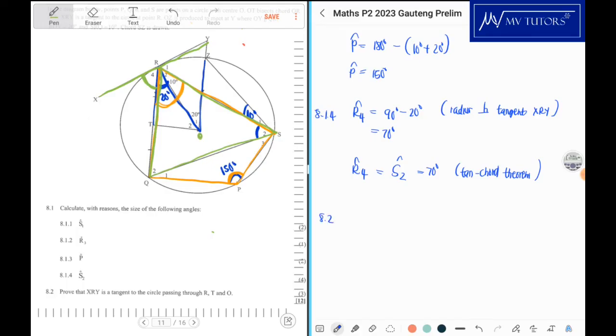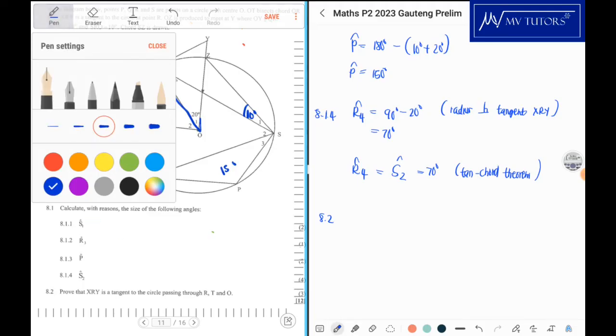Prove that XRY is a tangent to the circle passing through RTO. Okay, let's just erase a few things over here so that we can see clearly and mark out all that needs to be. Let's go back to my favorite color, which is blue.